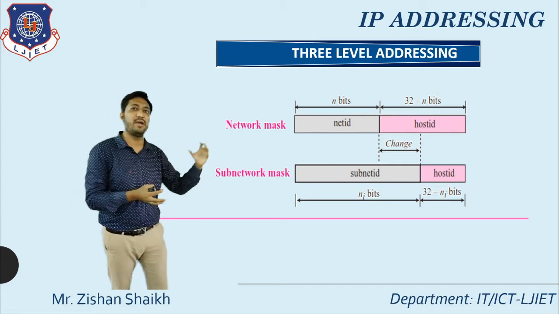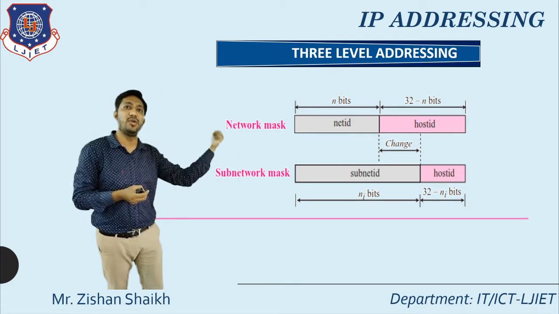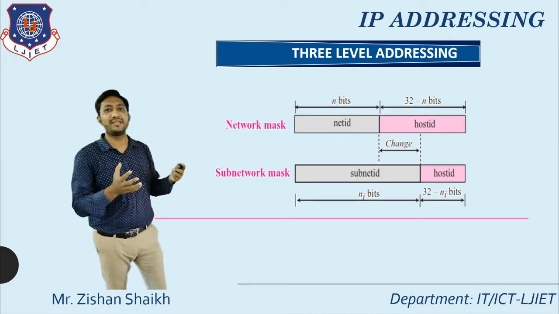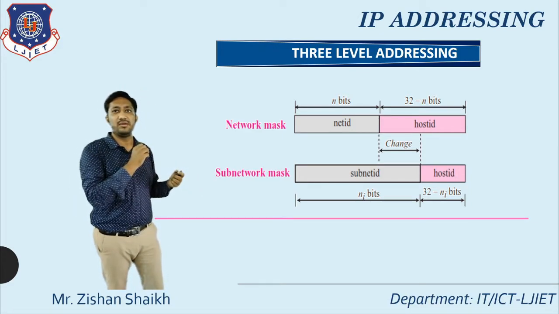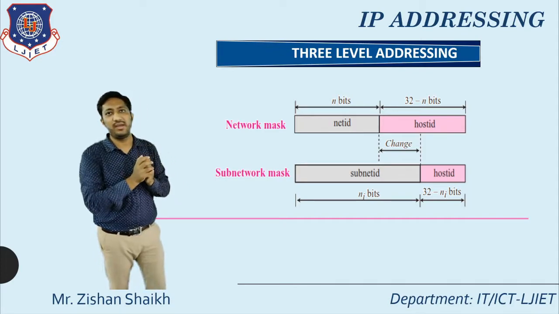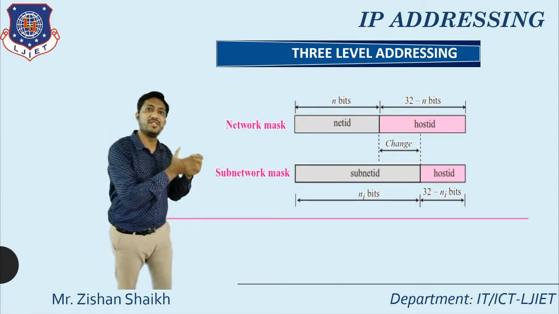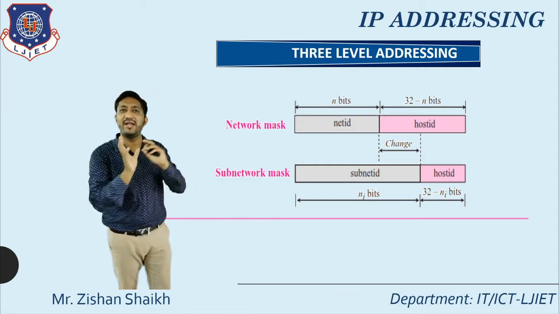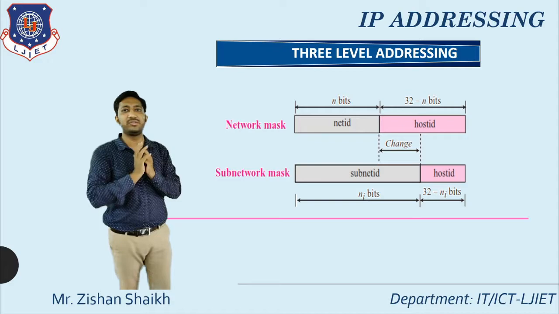The simple concept is that we take some bits from the host as a borrow. For example, if my IP belongs to class B and class B is performing the subnetting concept, the first 16 bits are used as network and the remaining 16 are used for host.